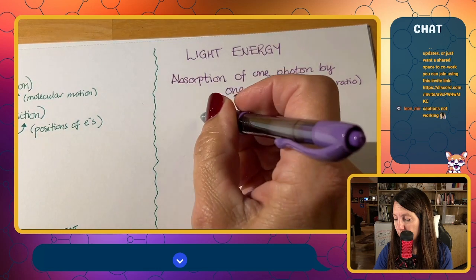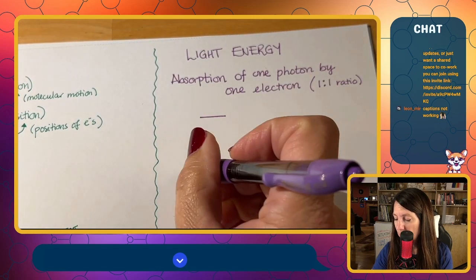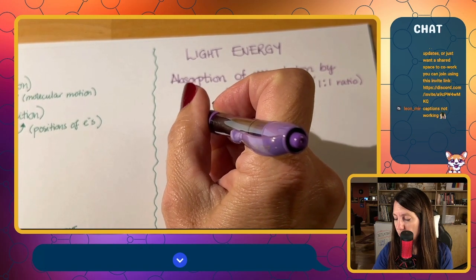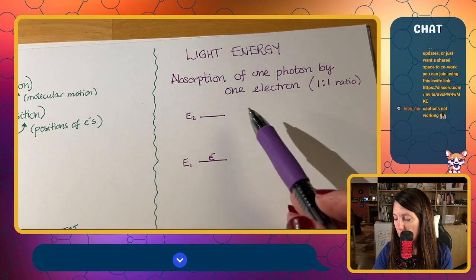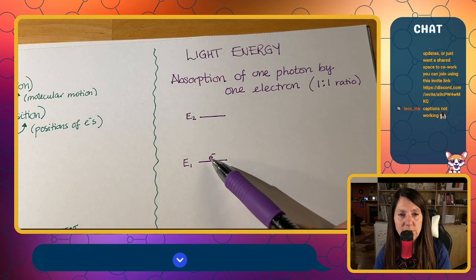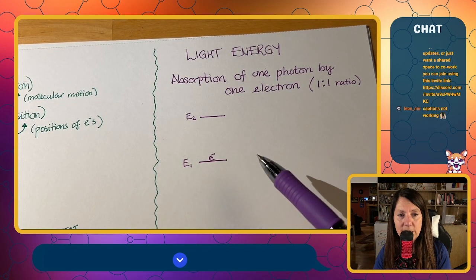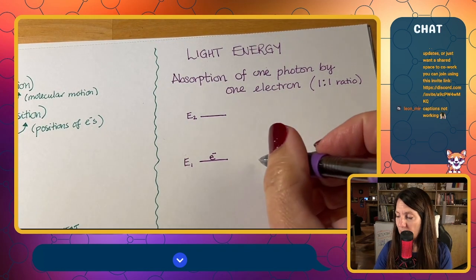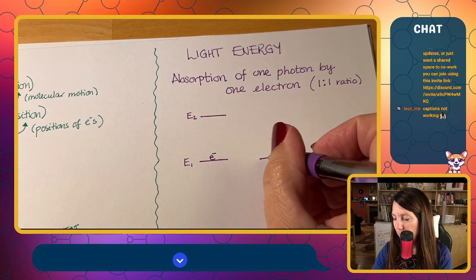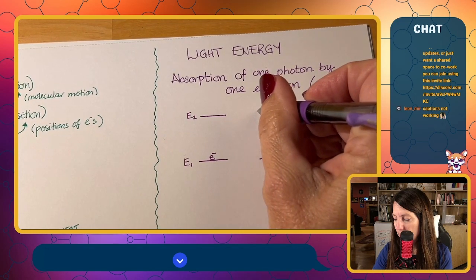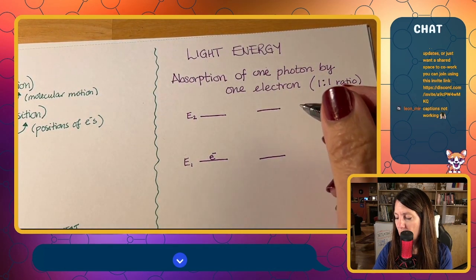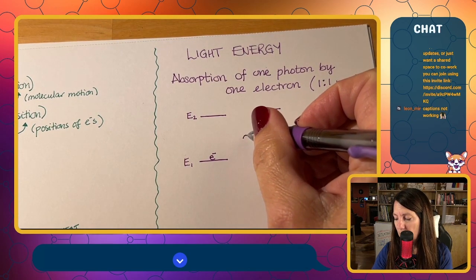So let's imagine we've got two energy levels. So I'll call this lower one energy level 1 and the higher energy level 2. And let's say we have an electron that's down here. Okay. And then let's imagine, so this will be like a different moment in time, same energy levels, that this electron is hit by a photon.